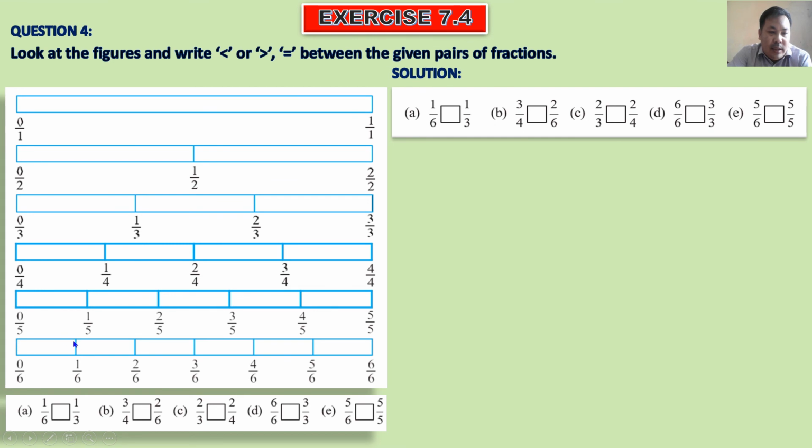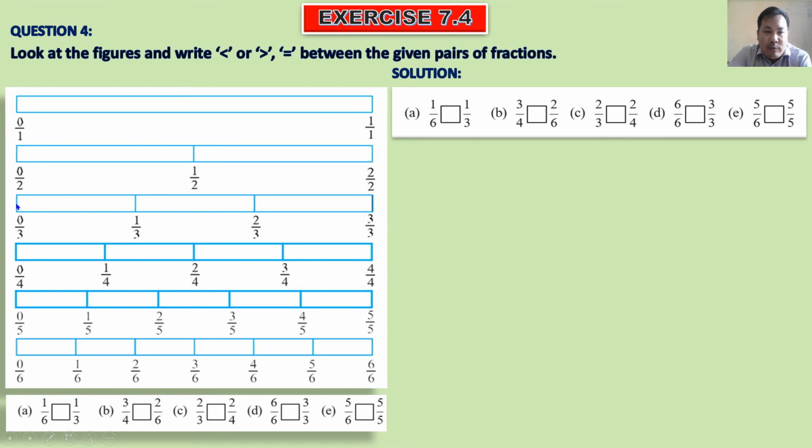In the last one, the whole is divided into 6 equal parts, and the first part is 1 by 6. We are going to compare this with 1 by 3. Where is 1 by 3? Come to the third diagram, which is divided into 3 parts, and 1 by 3 is the first part of this third diagram. So this is 1 by 3.